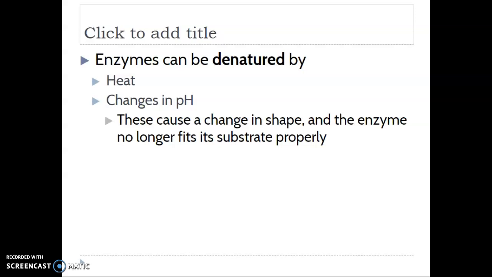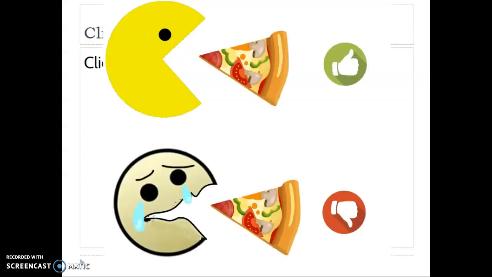An analogy or example of that is with Pac-Man. Imagine he's the enzyme and the pizza is the substrate. He is designed to fit this nice perfect wedge of triangle-shaped pizza, and that's going to go together just fine. Thumbs up. But if you heat up Pac-Man too much, he's going to change his shape.